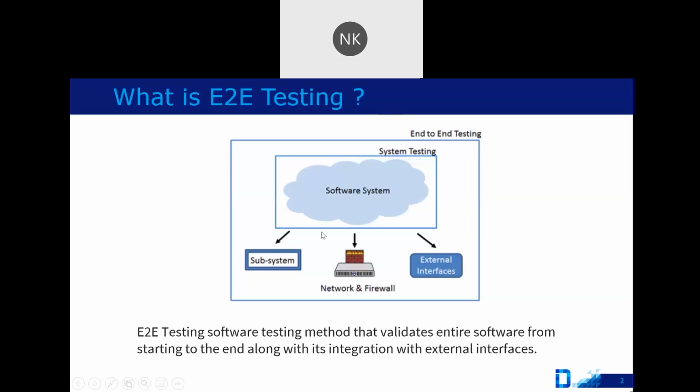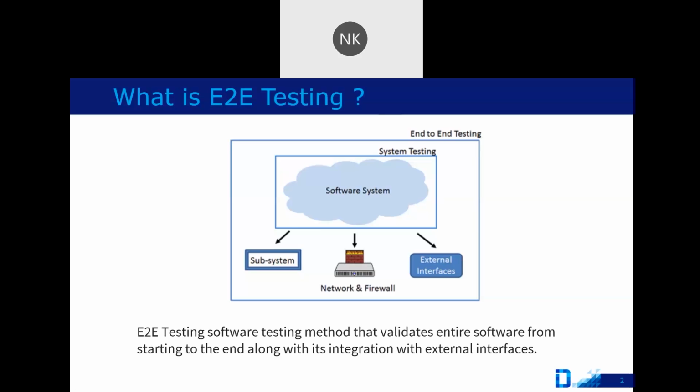I think you have heard about that one. So in a V model, we are doing a high level of quality assurance standards testing interfaces, but that may not be sufficient for the complete testing process. In that case, we can go for E2E testing.